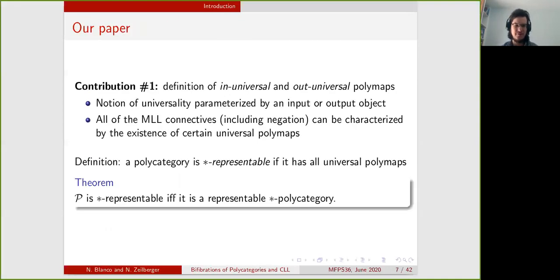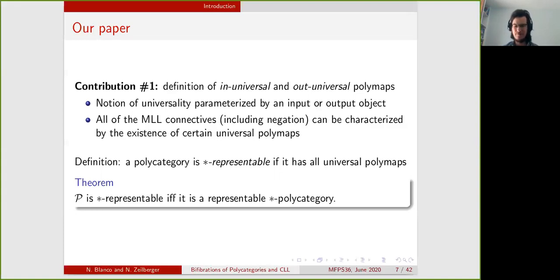So in our paper, we have several contributions. The first is to define a notion of universal polymap that will be parameterized either by an input or by an output. And using this notion of universal polymap, we can get all the connectives of MLL by saying that they are characterized by the existence of certain universal polymaps.